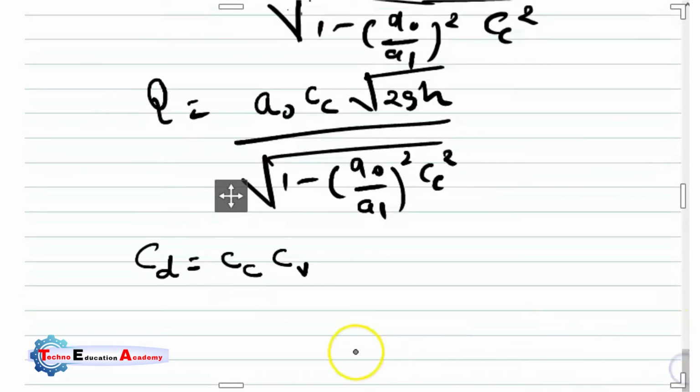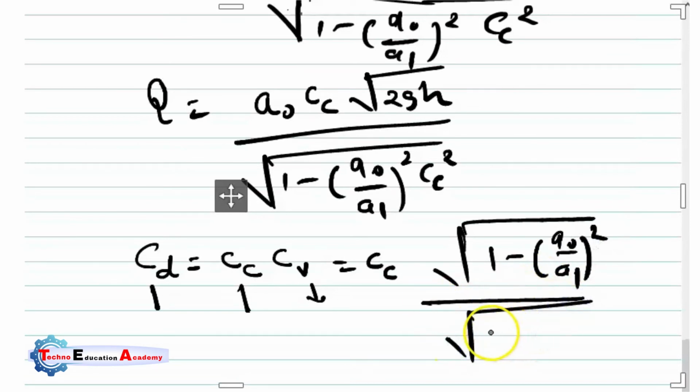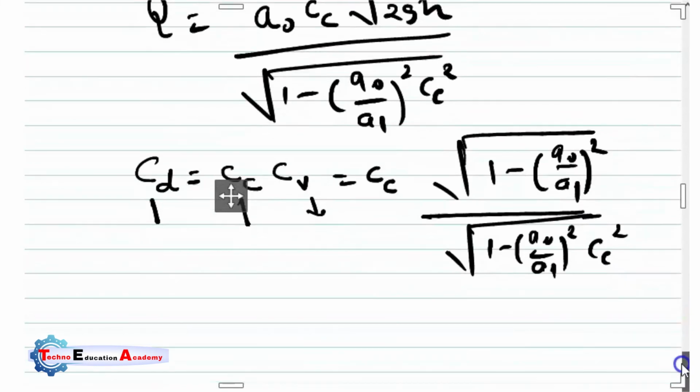What do you mean by CC and CV? CC is the coefficient of contraction, CD is the coefficient of discharge, and CV is the coefficient of velocity. So we can write the value of CV as CC into under root 1 minus (A0 by A1) whole square divided by under root 1 minus (A0 by A1) whole square CC square. This is the value of CV.